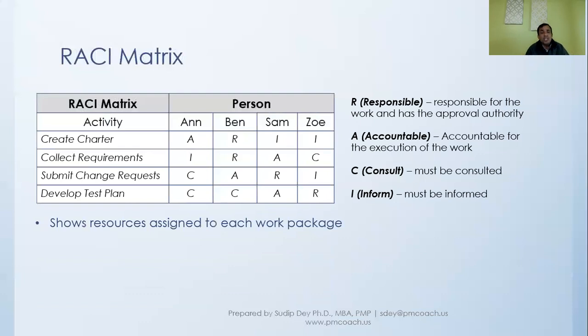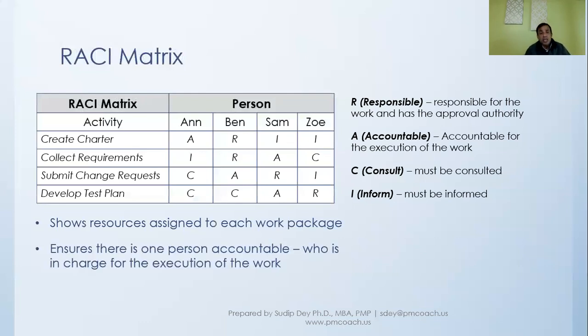Now, what you see here is that these resources are assigned to each work package. The activity that we are seeing has to be at the work package level. You cannot be at a higher level, because it might necessitate that multiple people will have to do different parts of the work.